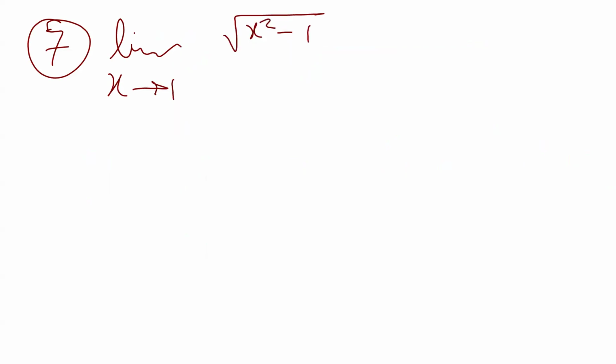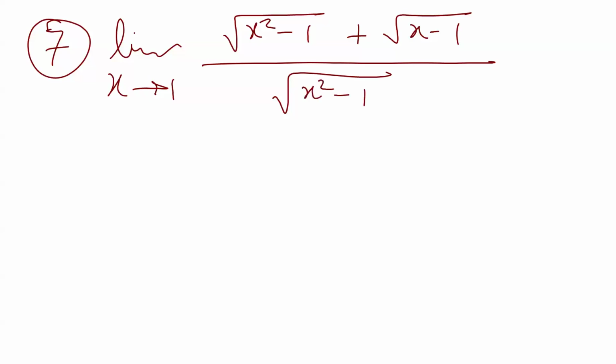Let us go to question number 7. Now question number 7 is not really of this particular category. I'll tell you why, because the simplification is very easy. Limit x approaching towards 1, x square minus 1 plus root of x minus 1 upon square root of x square minus 1. Okay.